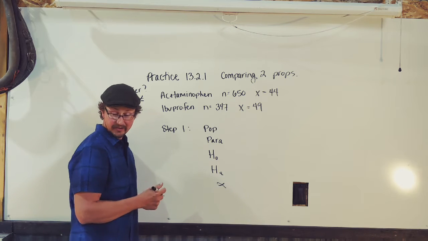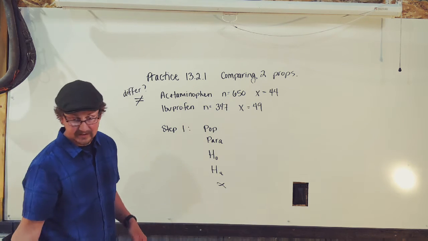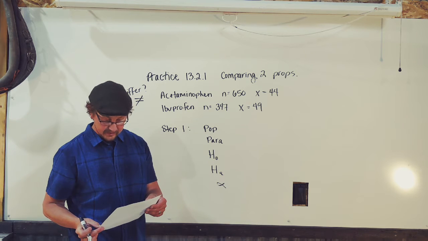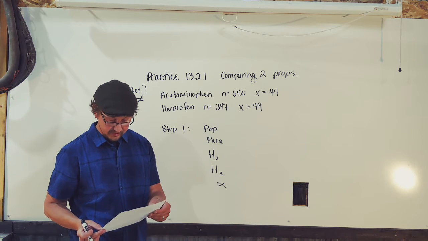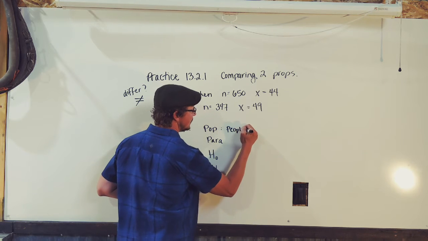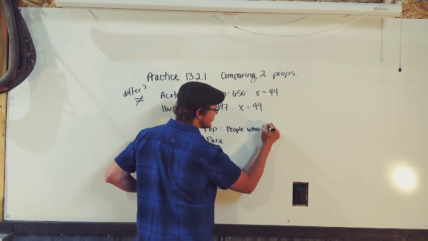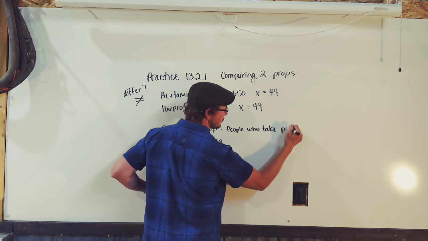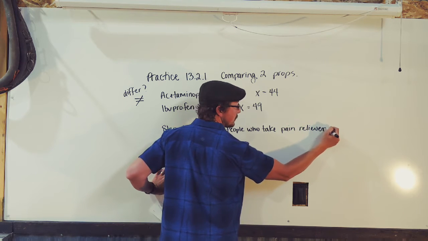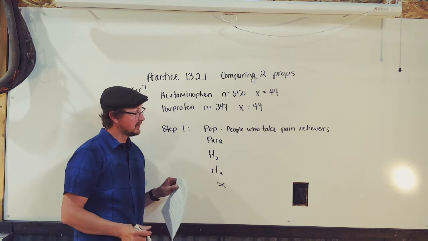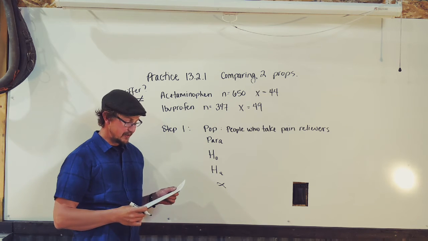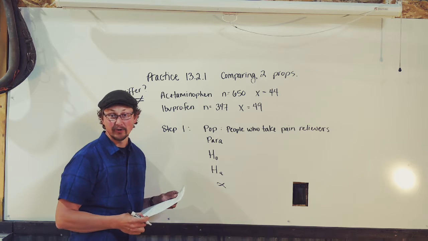So the population is, let's go back, our subjects are just people who take pain relievers. And if I wanted to get a little bit more specific, I could say people who take over-the-counter pain relief, right?